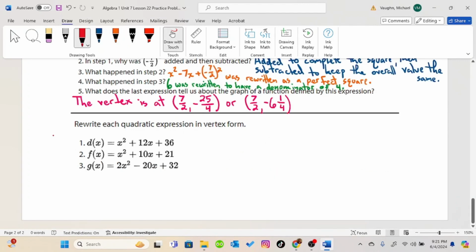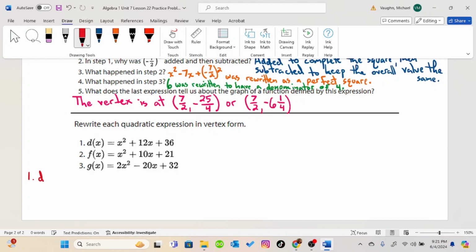And at the bottom of page 2, we have our last practice problem. They want us to rewrite each quadratic expression in vertex form. So number 1 is the simplest.